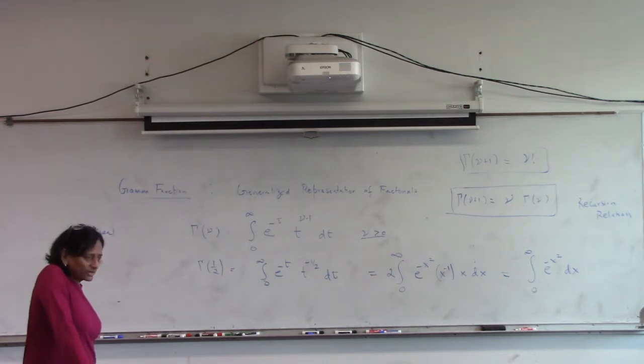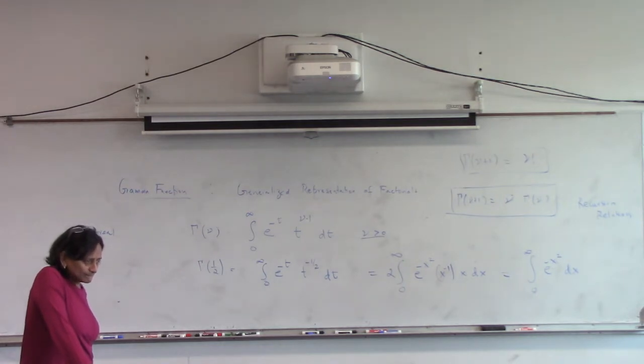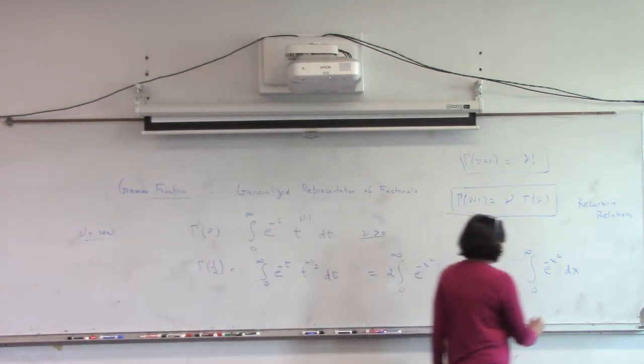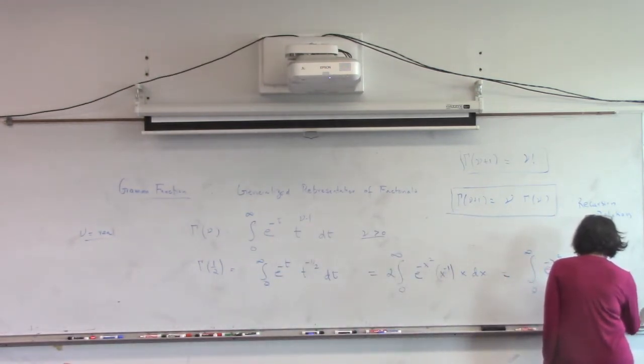Exponential of minus x squared from 0 to infinity, can I further manipulate it? Minus infinity to infinity. It's 2 times or half times? It's an even function, so it's half of that, right, you know that.